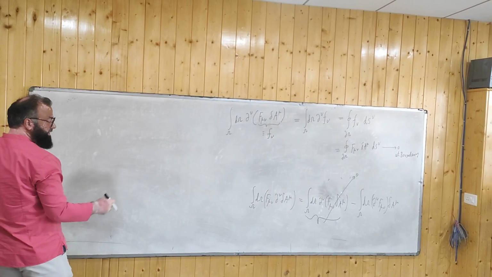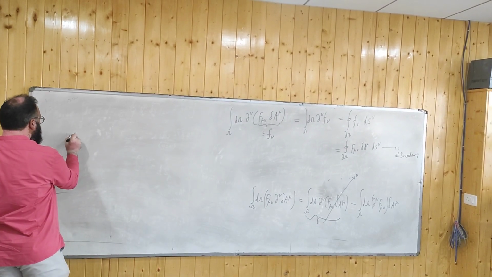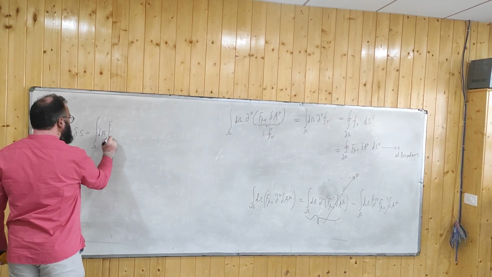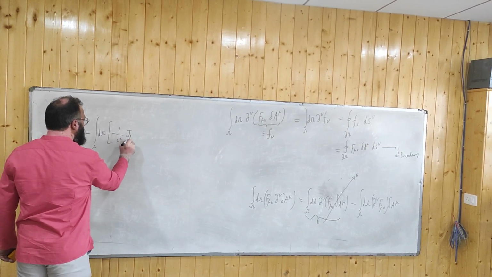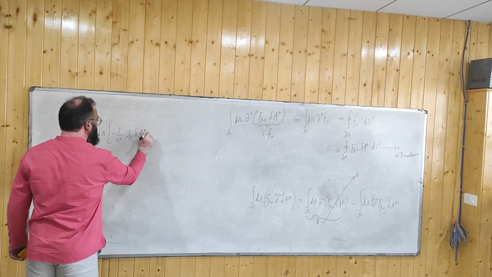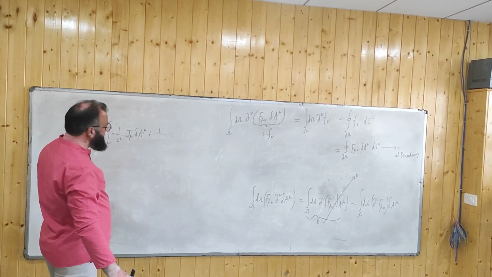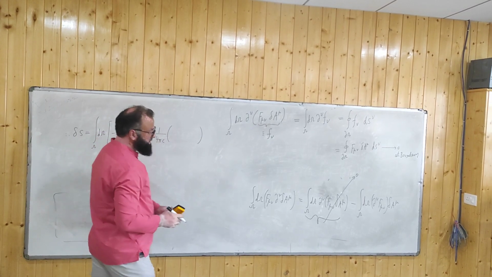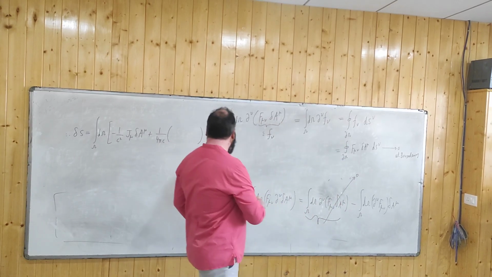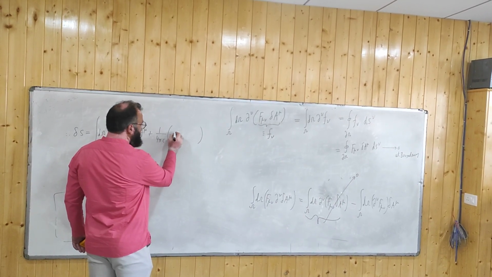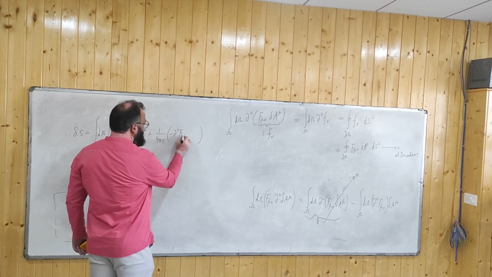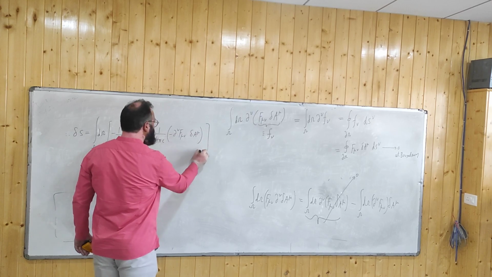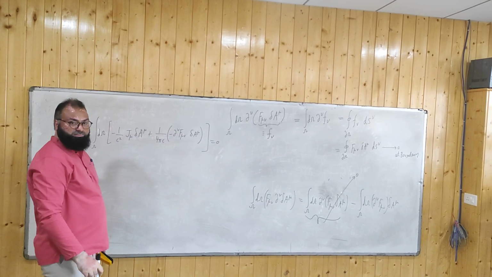So therefore, I will write this again. You have delta S equal to omega, minus 1 by c squared G mu nu delta A mu, plus 4 pi by c, and for this object you have this quantity with a minus sign: minus partial mu F mu nu, then delta A nu. This is equal to 0. Clear?